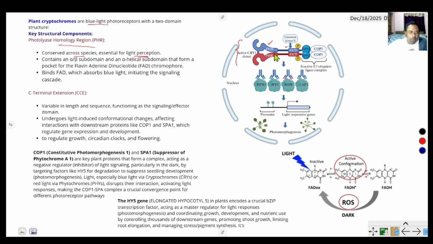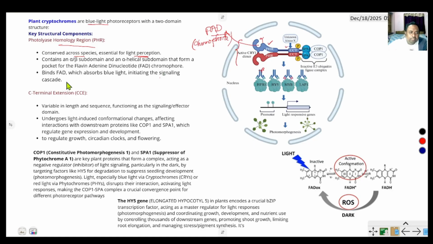The PHR photolyase homology region is essential for photoreception or light perception, contains alpha and beta domains and forms a pocket-like structure. This is the pocket for FAD, flavin adenine dinucleotide, that acts as the chromophore component in cryptochromes.